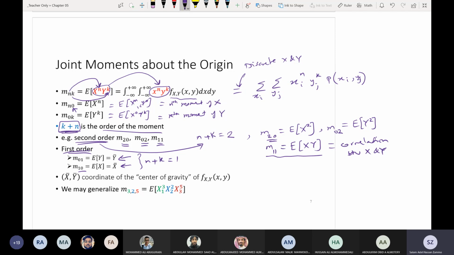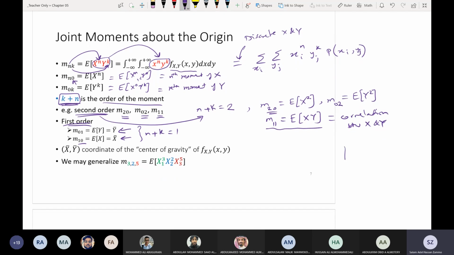So now, if you recall, if I have a PDF, then x bar was, as you mentioned, the mean. Or we can think about it as the center of mass, the center of gravity for this PDF.